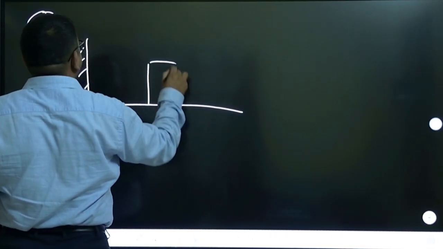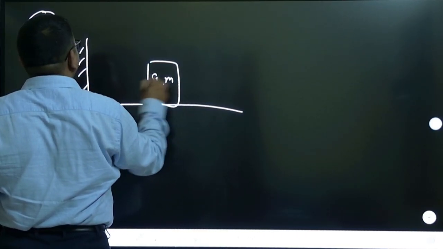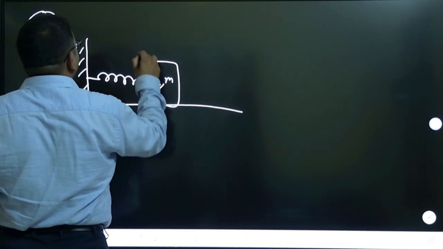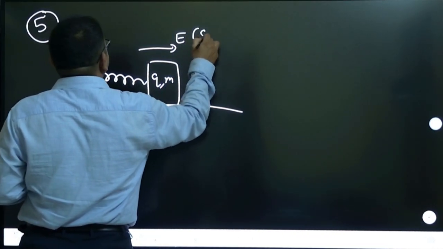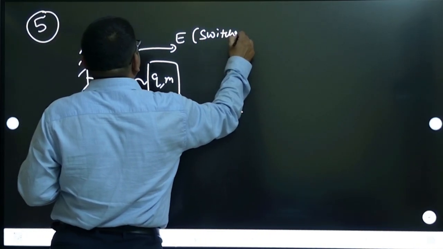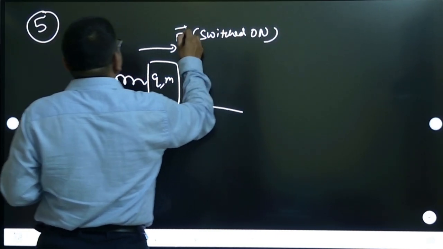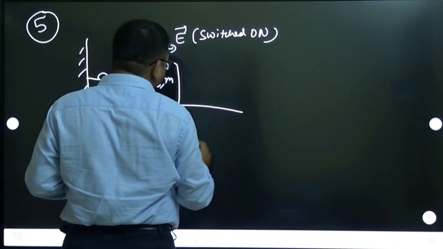Initially this is a block of charge q, mass m, and an electric field is switched on. As soon as you switch on the electric field, the mean position will change.